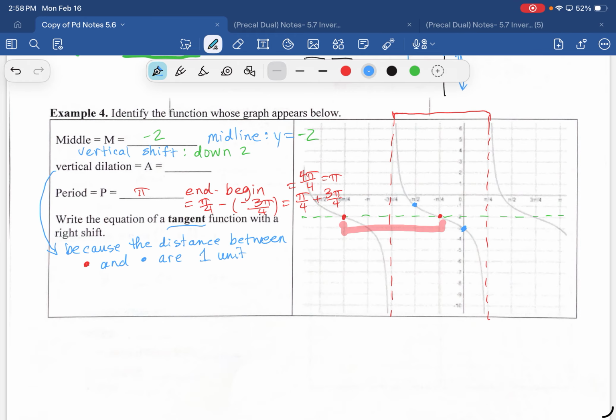Because a change that happens inside the parentheses with the x does the opposite of what you think. Subtracting, you would think, makes the graph move left, but it actually ends up making it move right. And then the D from the middle or the midline or the vertical shift from earlier was -2, because it went down 2.